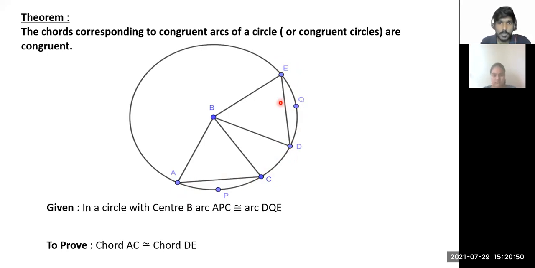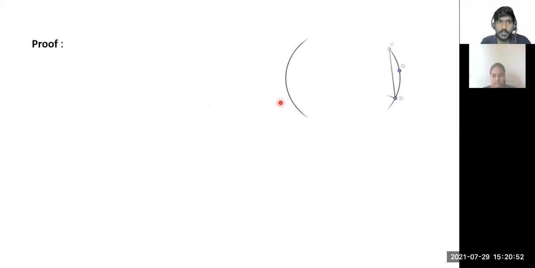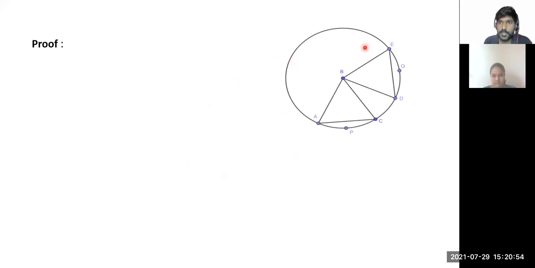Let's start with the proof now. This is the diagram. Now we have two triangles: the first triangle, triangle ABC, and the second triangle, triangle DBE. In these two triangles, we have to prove that they are congruent to each other.